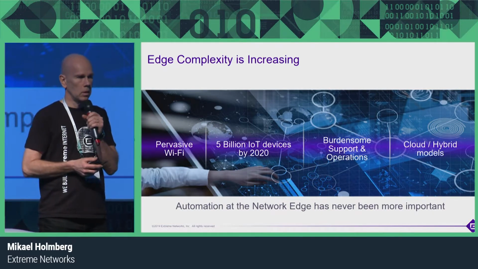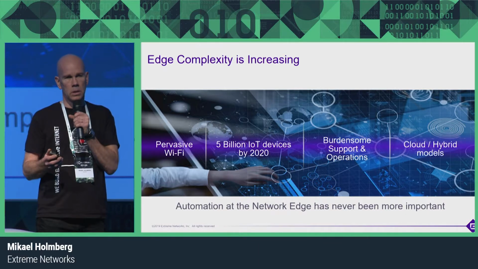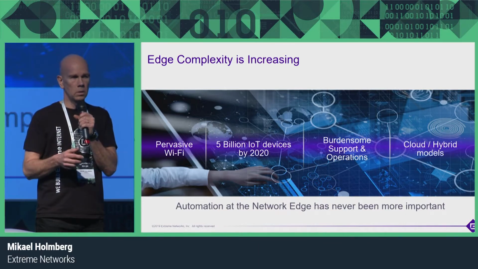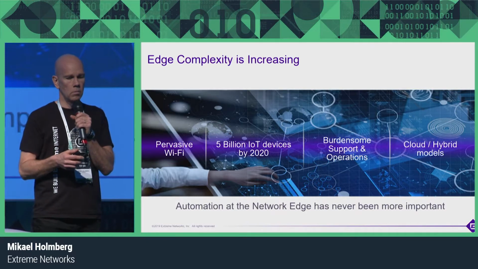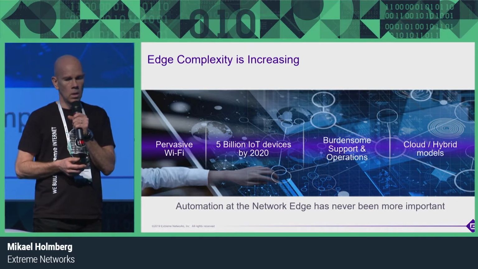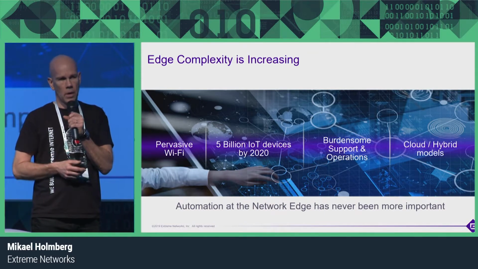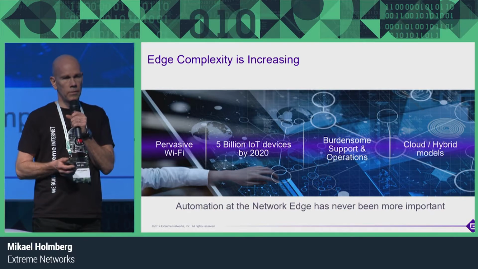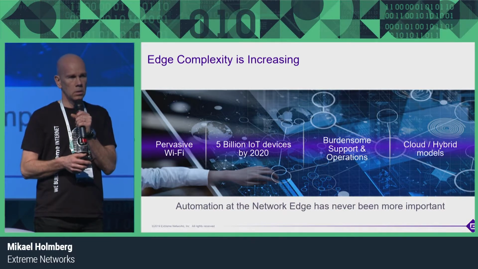Obviously, some of those IoT devices are going to be wireless, based on 5G connectivity, but many of them are going to be wired connected as well. And then on the right-hand side, you have the cloud and the hybrid models. So the fabric journey I'm going to take you through is reflecting these things.